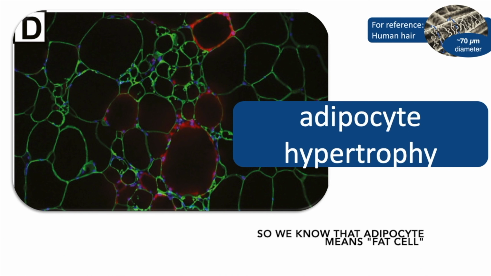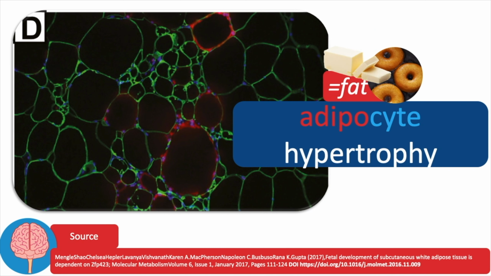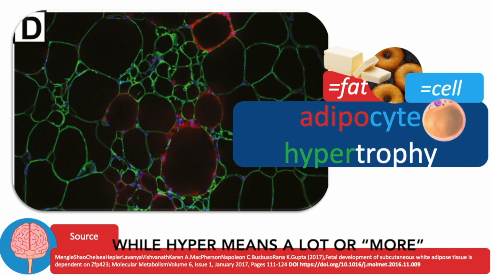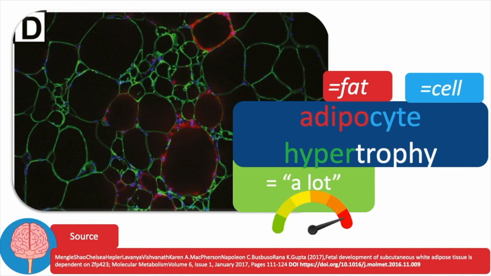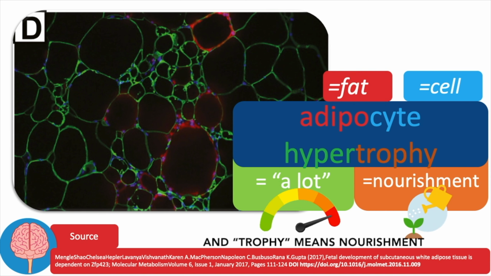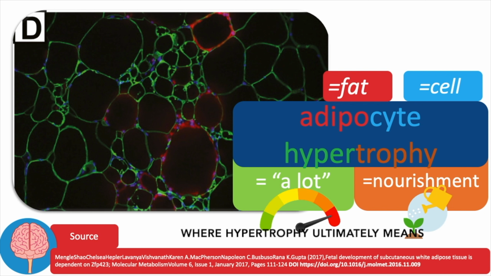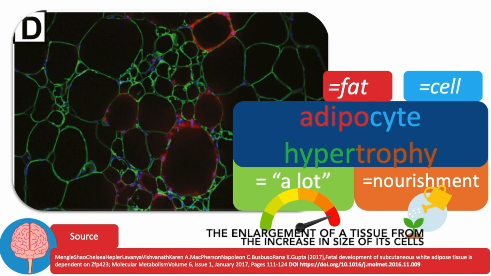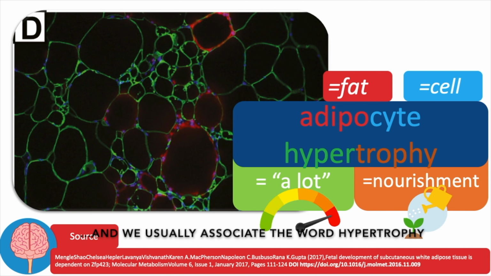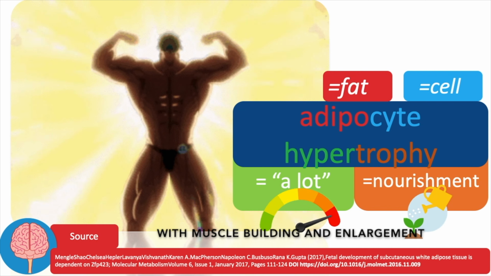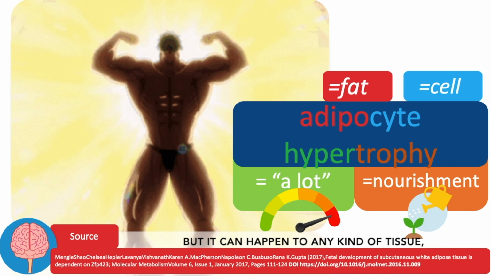So we know that adipocyte means fat cell, while hyper means a lot or more, and trophy means nourishment, where hypertrophy ultimately means the enlargement of a tissue from the increase in size of its cells. And we usually associate the word hypertrophy with muscle building and enlargement. But it can happen to any kind of tissue, in this case, fat cells.